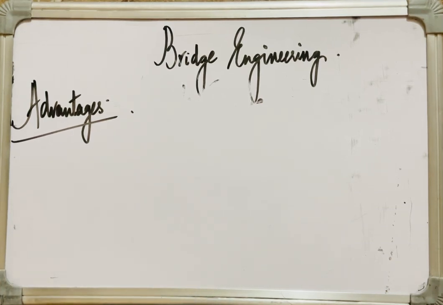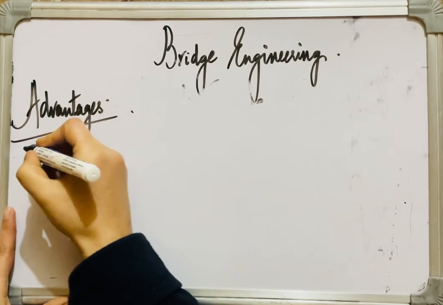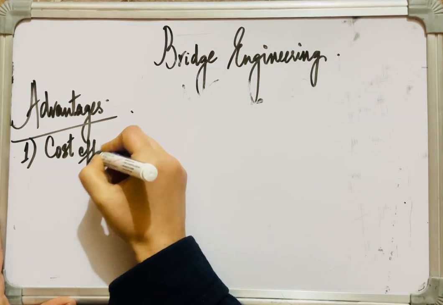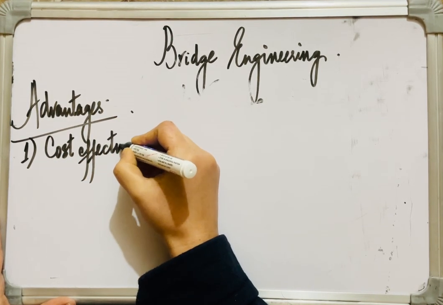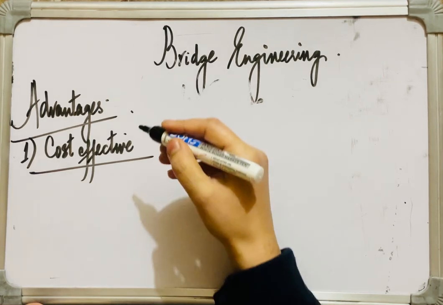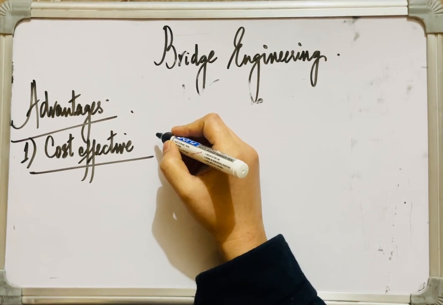The first one being that they are cost effective. These beam bridges or girder bridges are cost effective. That means they are generally cheaper to construct compared to more complex bridge designs like arch or suspension bridges. All right, so these beam bridges or girder bridges are cost effective.